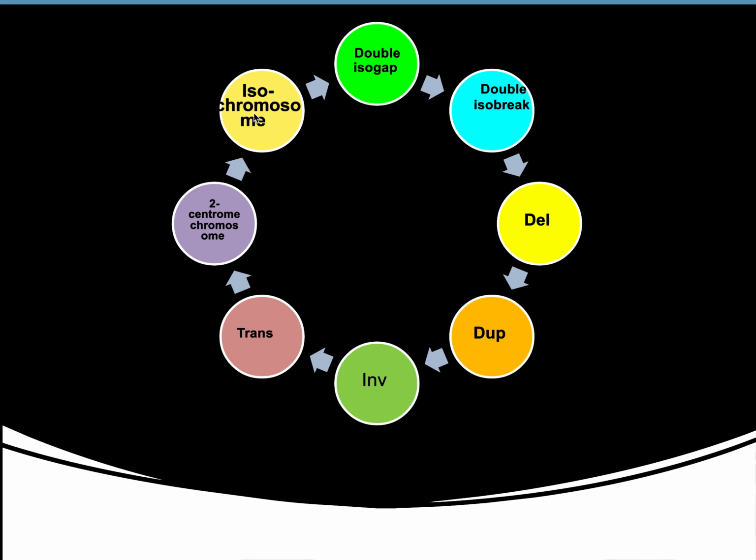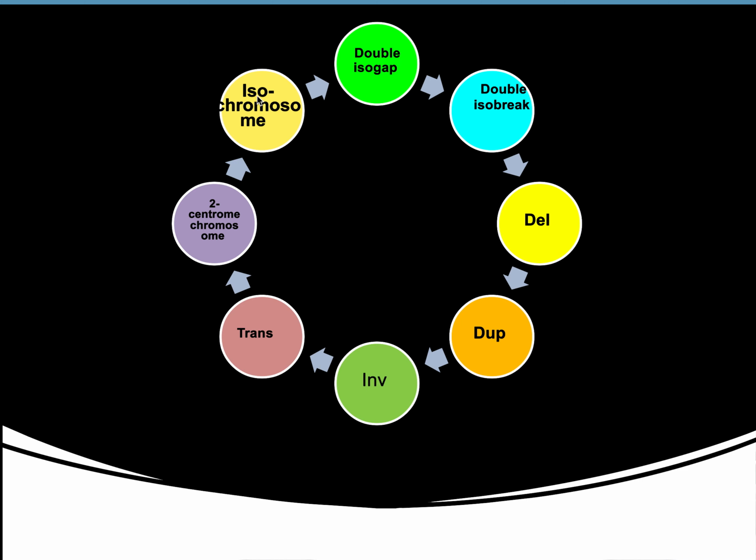And one more, they will call this one isochromosome. That means they have an abnormality when the chromosomes separate in anaphase of mitosis. As you see, there is segregation of the two chromatids going to opposite sides in anaphase.